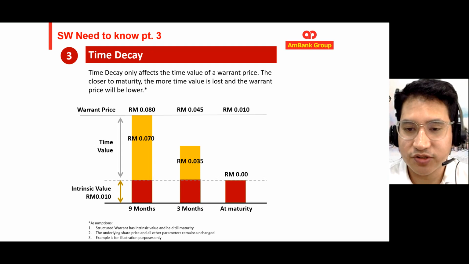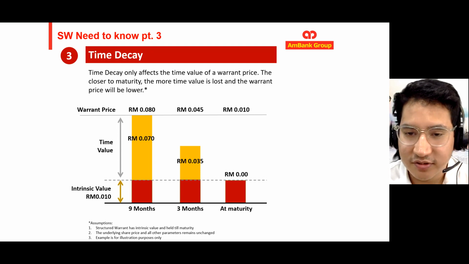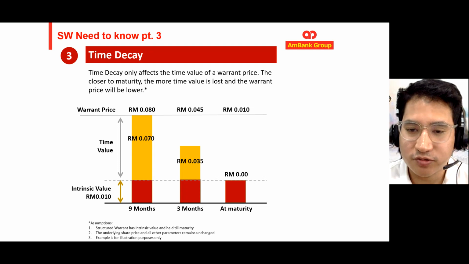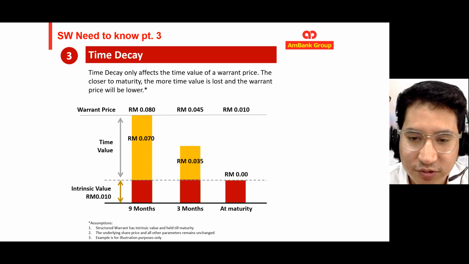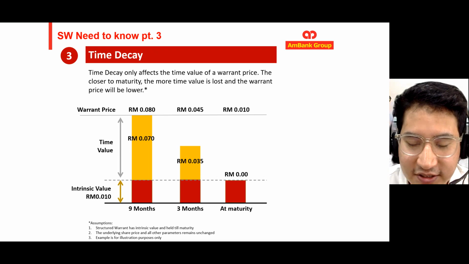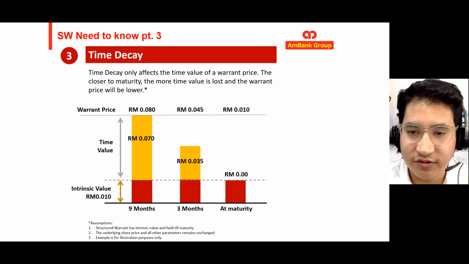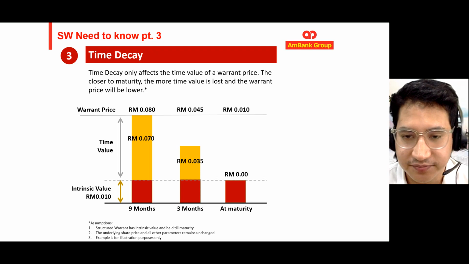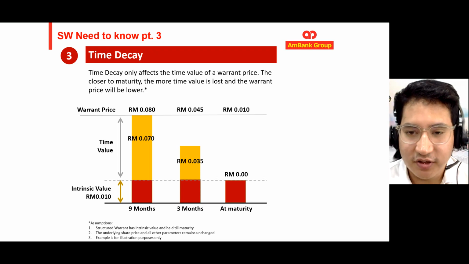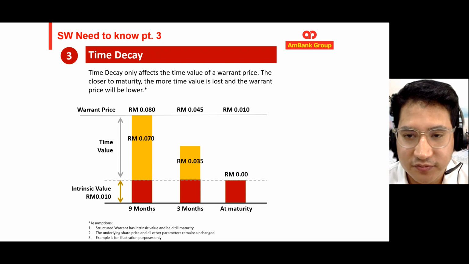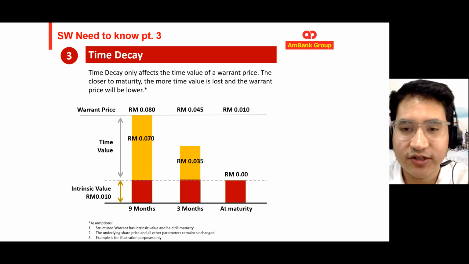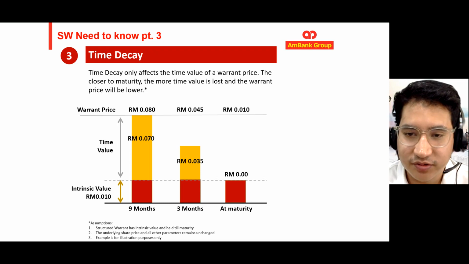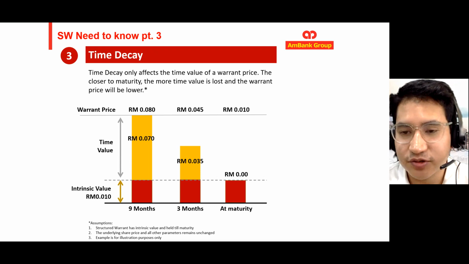Say for example, I'm assuming that from the earlier example, the warrant will always hold an intrinsic value of 1 cent. So at issuance, or say 9 months to maturity, it has the highest time value as before, of 6 cents. And then as it goes towards maturity, the time value only decreases. So you'll see here, from 6 cents the time value will decrease to 3.5 cents.